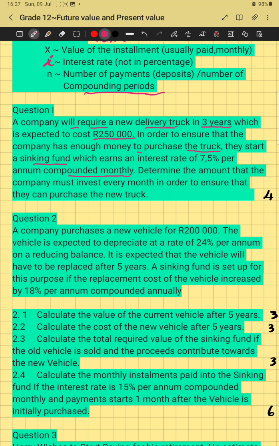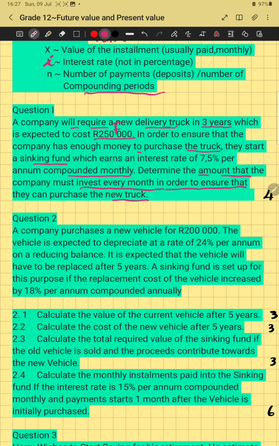All right, now let's go straight to the question. How do we go about calculating this value here? They say, determine the amount that the company must invest every month in order to ensure that they can purchase the new truck. So that means we know the price that we need in future, which is 250,000.